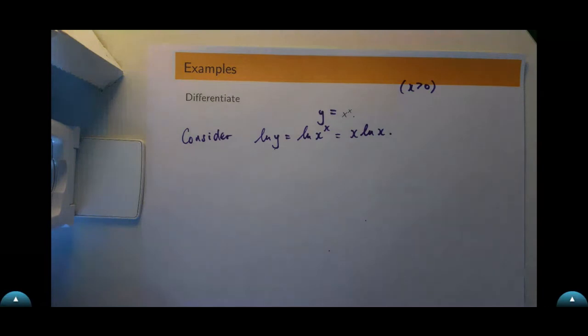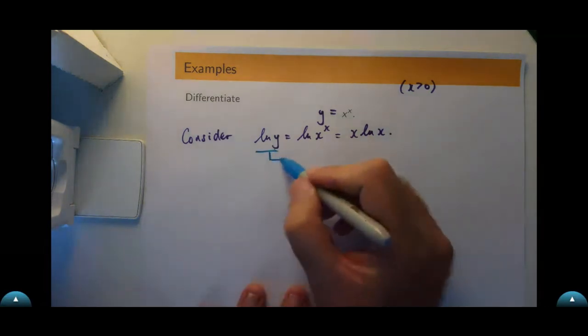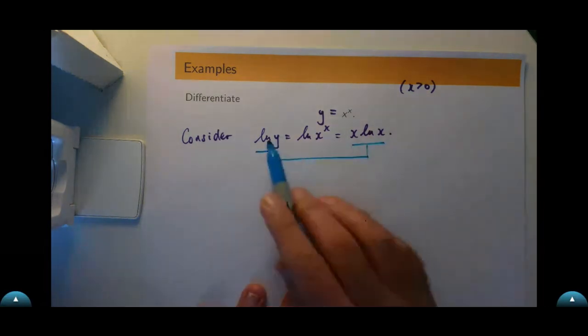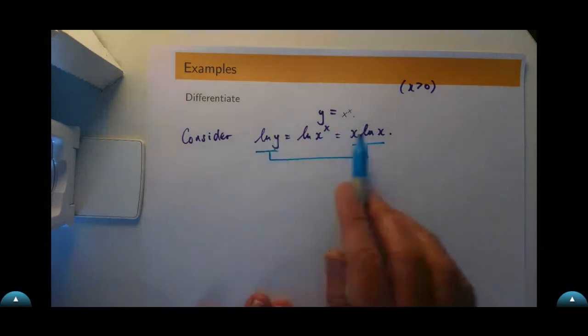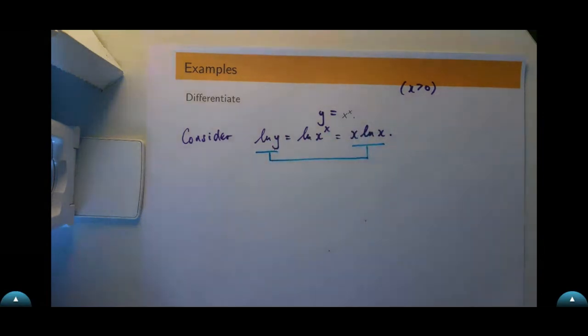Similar to the previous example, I'm going to differentiate both sides of the equation with respect to x and use the chain rule, and the product rule actually.